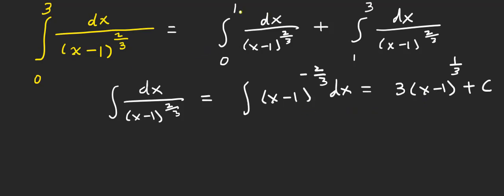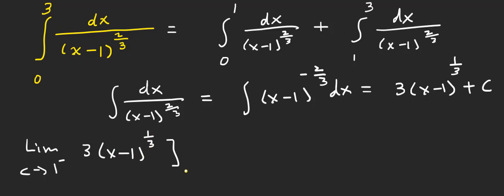Now you could rewrite this as the limit as c approaches 1 from the left, because we went from 0 to 1, and 1 is our trouble spot. We have to approach 1 from the left. Of 3 quantity x minus 1 to the 1/3 from 0 to c, plus, what about this part?